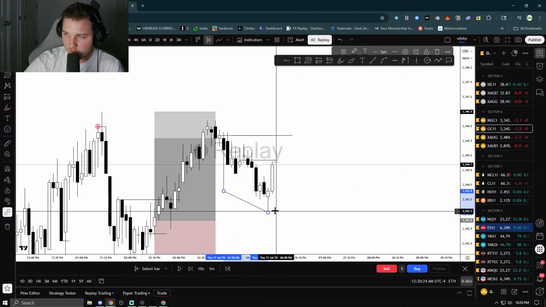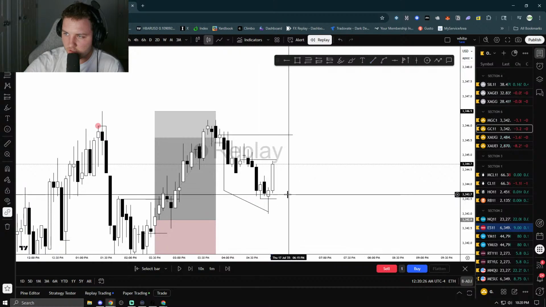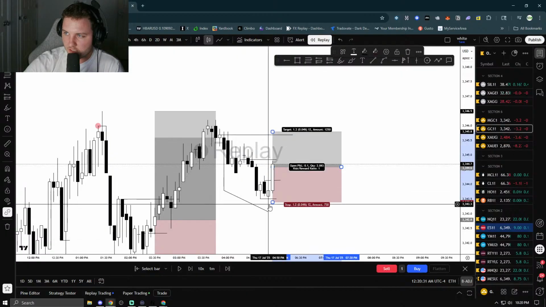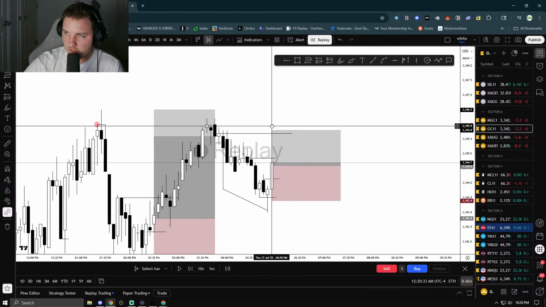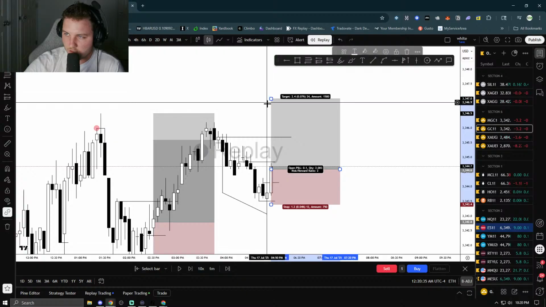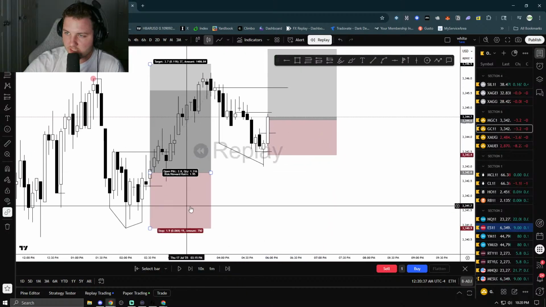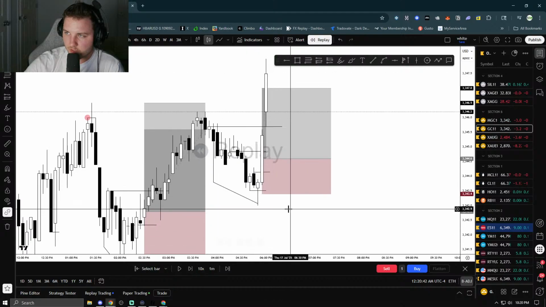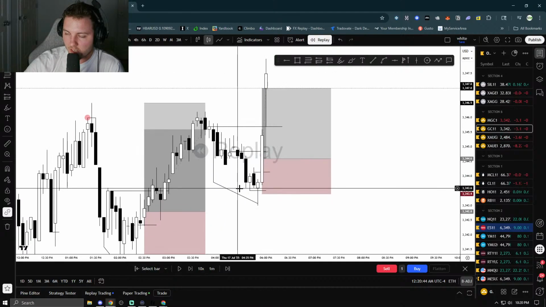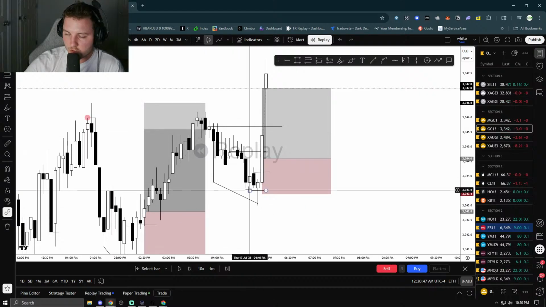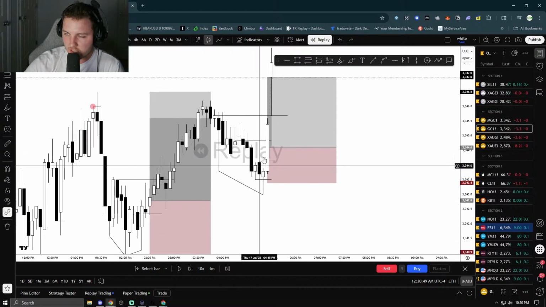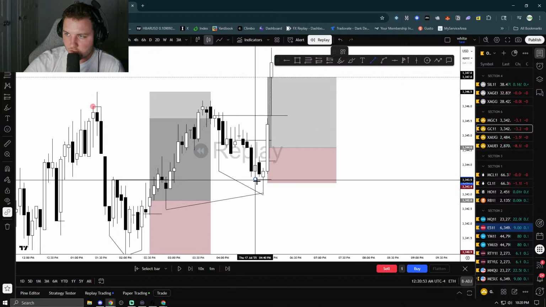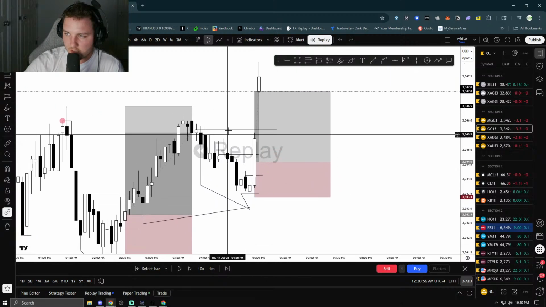Okay, so now we have the reversal signature, CISD, SMT. You could either get in this, stops 50%, 2R. And then you can move this to break even, right? Because this is protected low. And then bam. So expansion met with retracement, reversal signature, SMT, maybe, I don't know, SMT here, maybe two-stage SMT. It's just something, right? And then we expand.